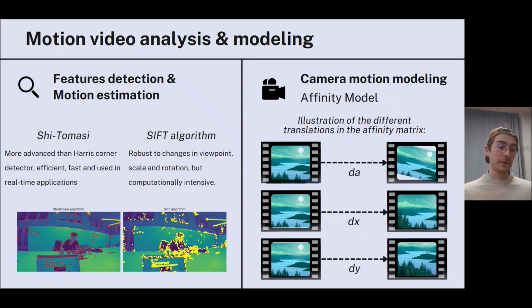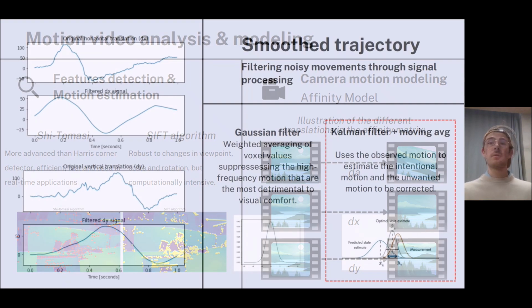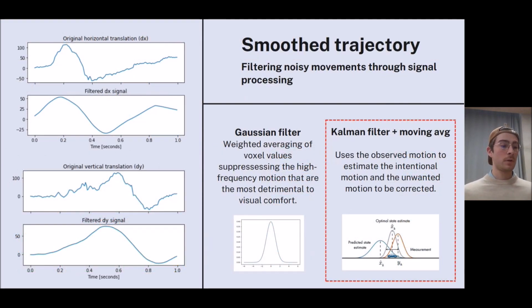And the affine model is faster than the homography model, but it also has difficulty to take zooming or depth variation into account.